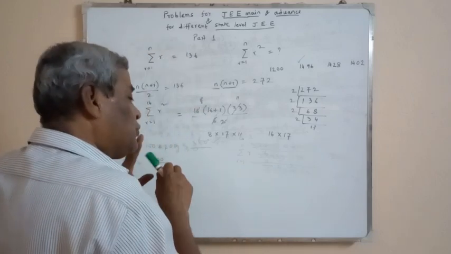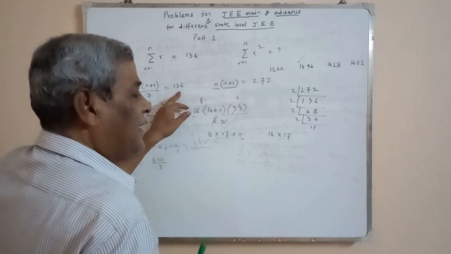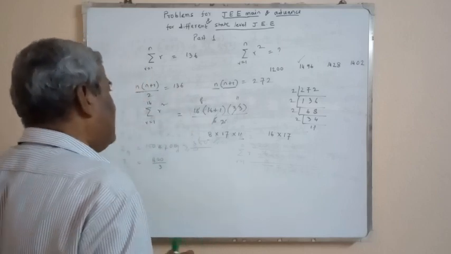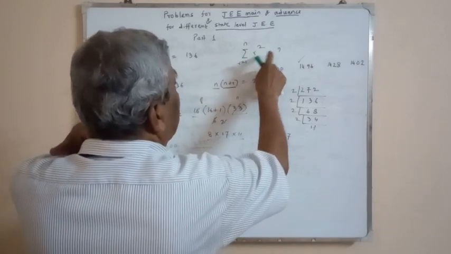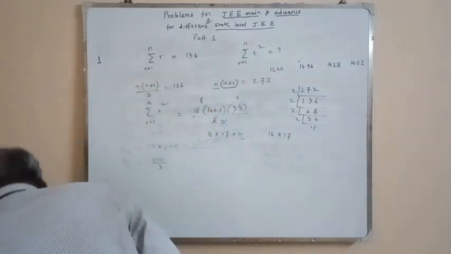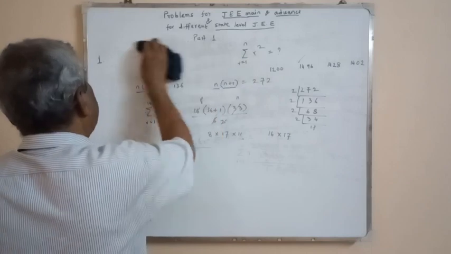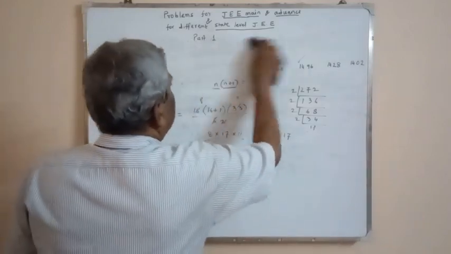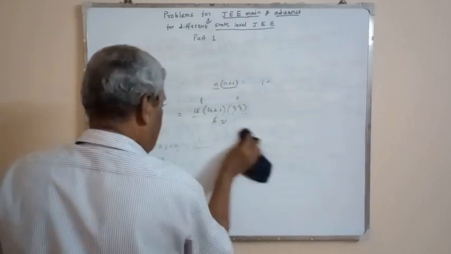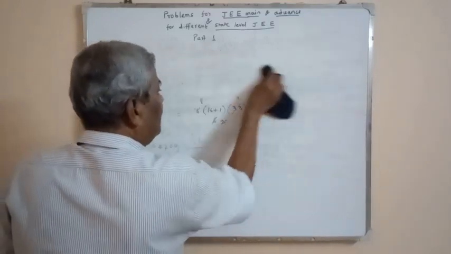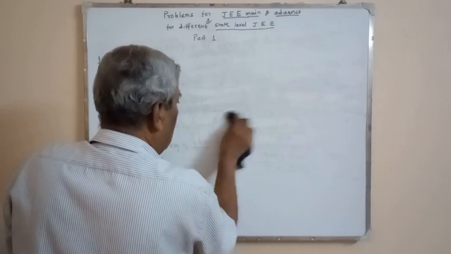Most of the times, you can do that mentally. So knowing n, very easily you can find the value of that. It will save some time. Now our next problem.